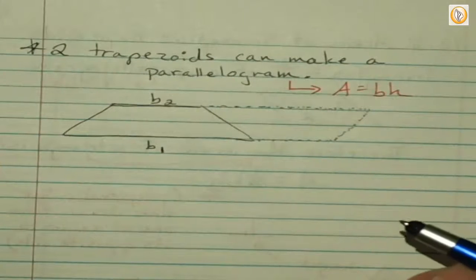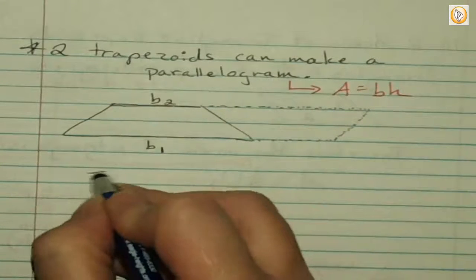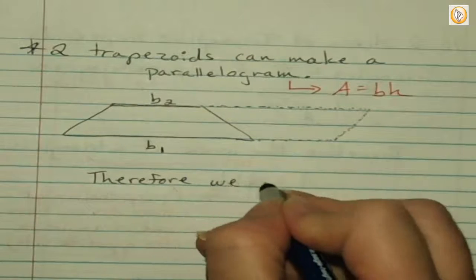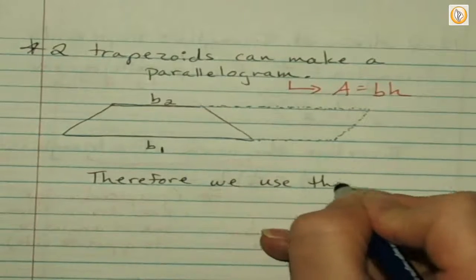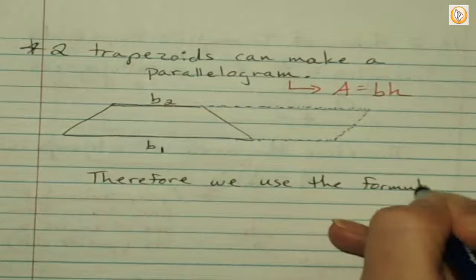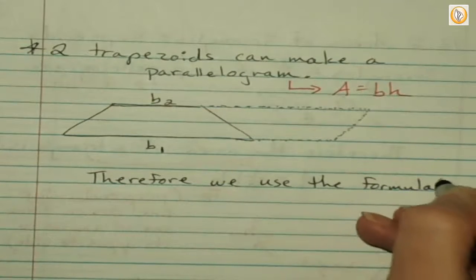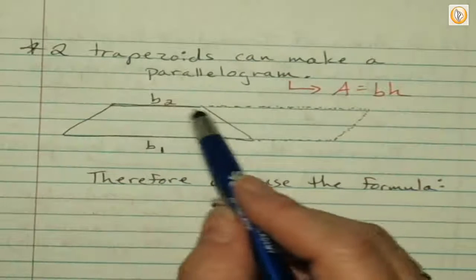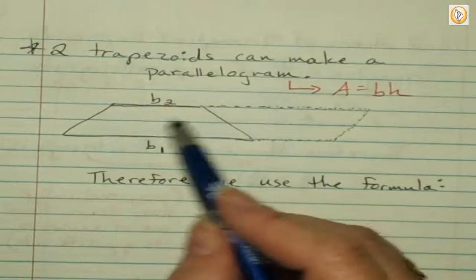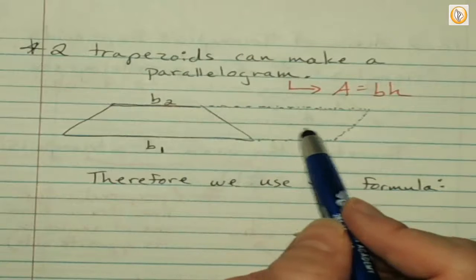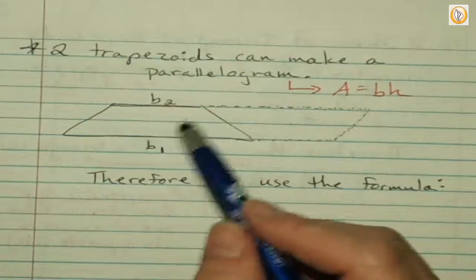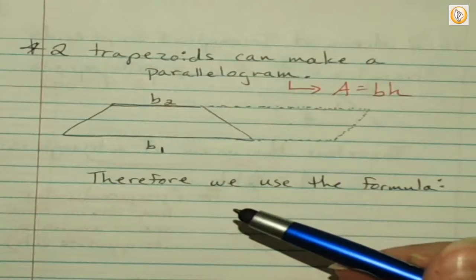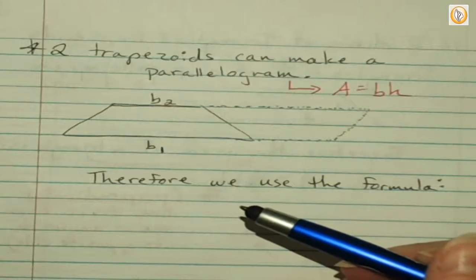But kind of like the triangle, therefore, we use the formula. Just out of curiosity, if I extend this trapezoid to make it into a parallelogram and it's base times height, so a trapezoid is half of a parallelogram, what do you think the formula is going to be?